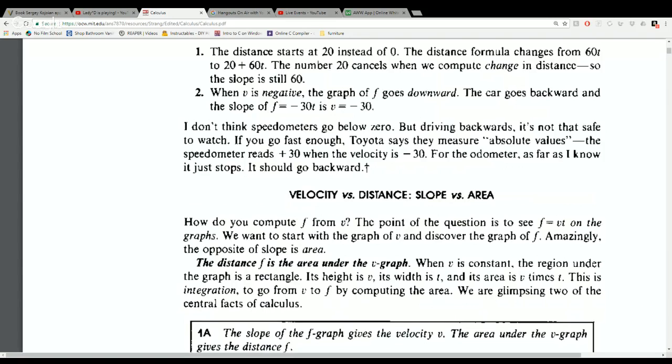And Strang says this. He says, I don't think speedometers go below 0, but driving backwards, it's not that safe to watch. If you go fast enough, Toyota says they measure absolute values. The speedometer reads plus 30 when the velocity is negative 30.